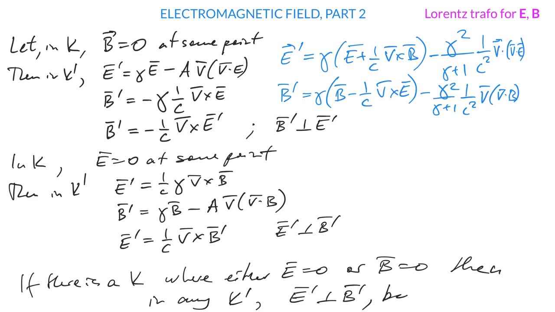But in addition to that, their magnitudes are different. E prime is not equal to B prime. This is because v over c is always less than 1. So if you take a B prime and cross it with a vector whose magnitude is less than 1, you will always get a vector with a smaller magnitude.